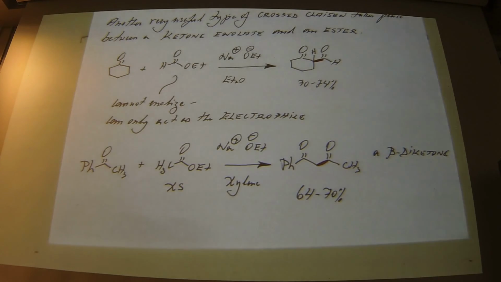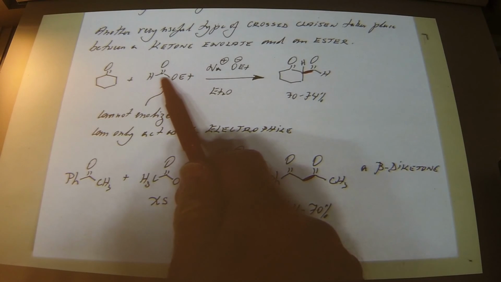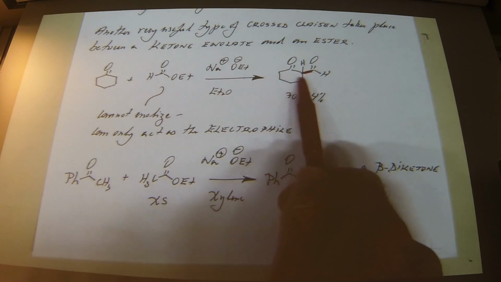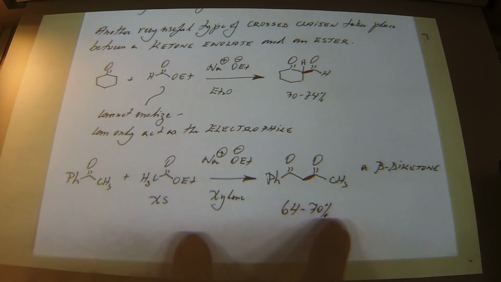Make sure you know what's going on. Then you'll understand this. All of these mechanisms are the same, by the way. So once you do the first couple, the rest are going to be very, very easy. You need to do the first two. Okay, now once again, this cannot act as a nucleophile, only as an electrophile, and therefore you get only this product.